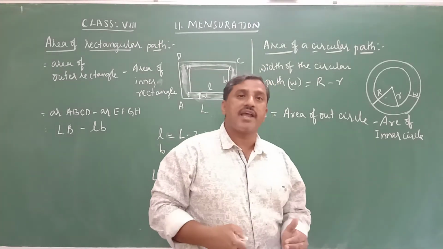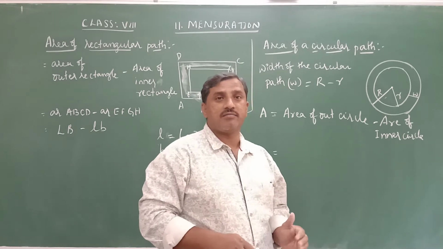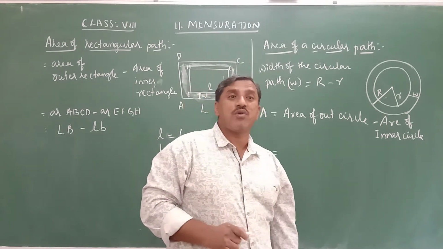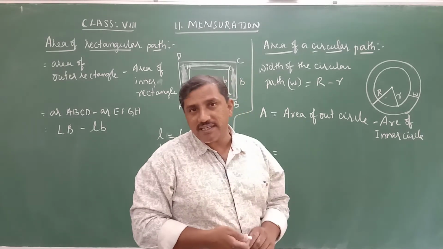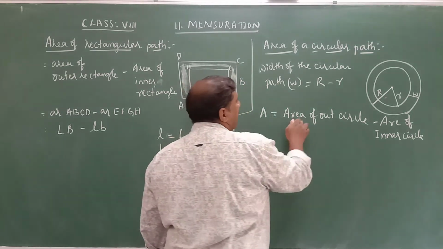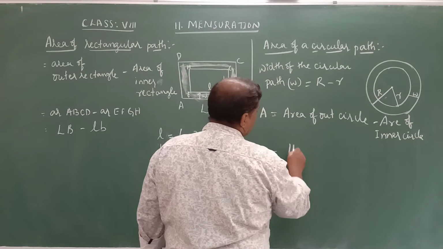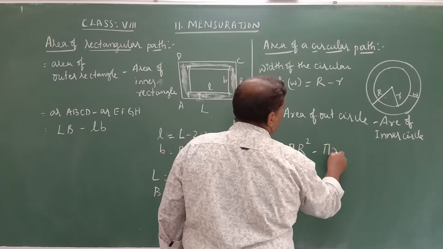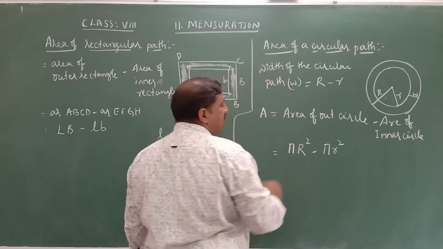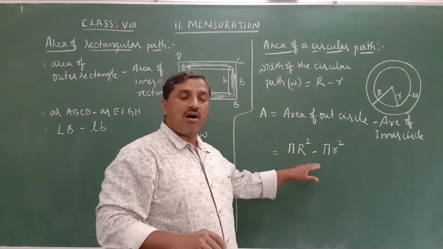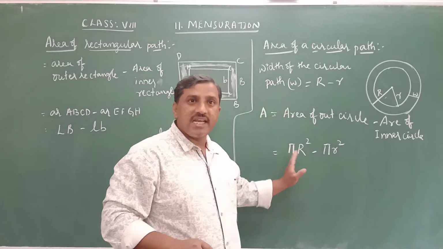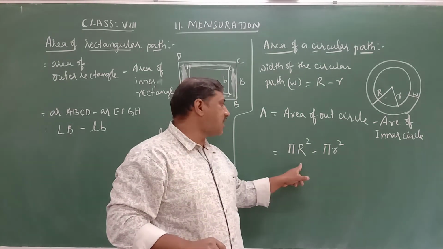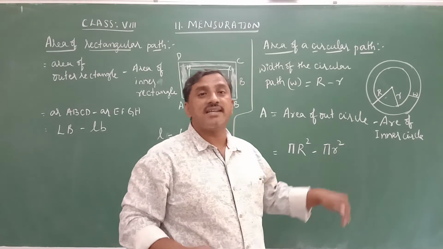It is pi r square, or pi d square by 4 when we know the diameter. So here the outer circle radius is capital R, therefore it is pi capital R square minus pi small r square. So this is the formula to calculate the area of the circular path: area of the outer circle minus area of the inner circle.